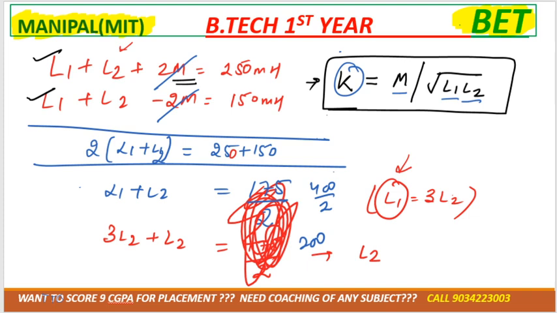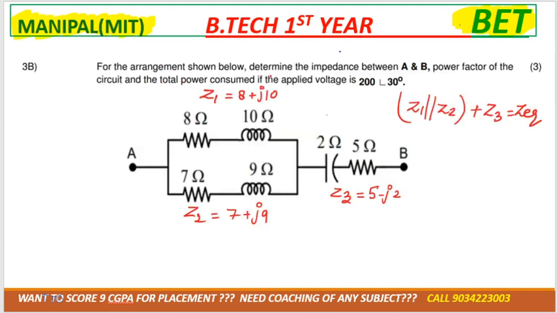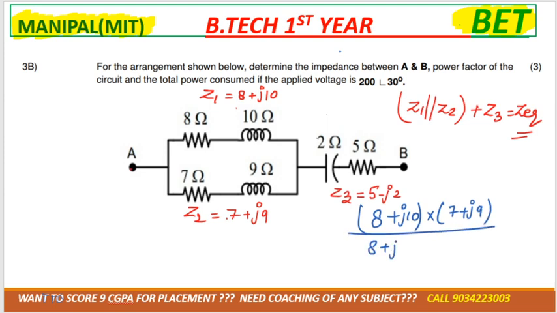Okay, see in this question they said determine the impedance between A and B. Okay, impedance means the Z equivalent. As you can see that Z1 is connected in parallel with Z2, so that would be 8 plus J10 multiplied by 7 minus J9 divided by 8 plus J10 plus 7 minus J9, Z1 plus Z2 होता है ना, right?